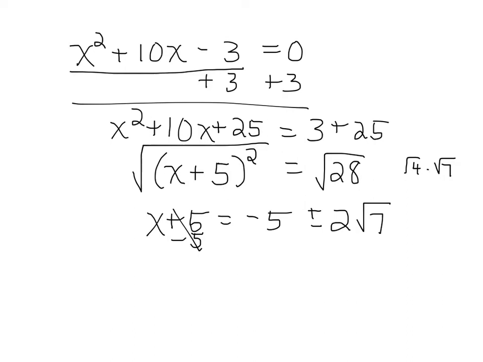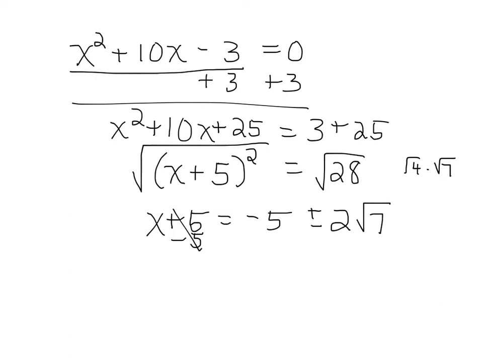So you need to use your calculator to say negative 5 plus 2 times the square root of 7, and negative 5 minus 2 times the square root of 7. There are other ones that can involve way trickier fractions, but I'm going to leave it at this. Most of your homework is simple like this.